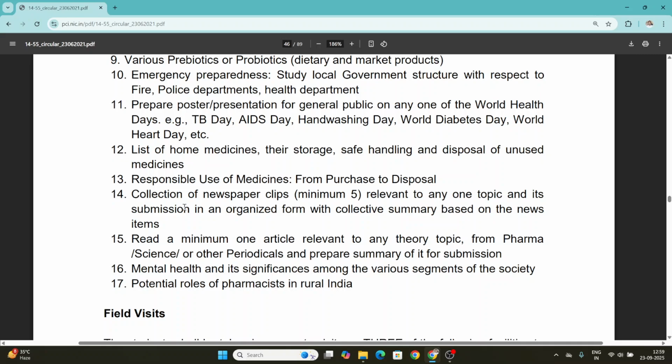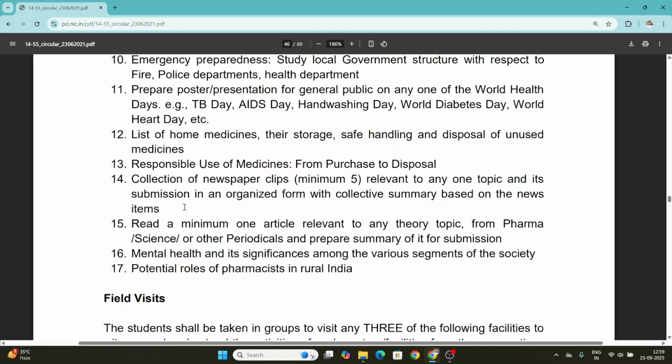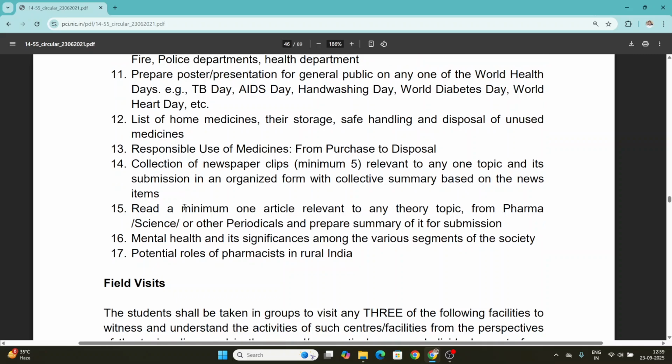Responsible use of medicines from purchase to disposal. Collection of newspaper clips, minimum 5 relevant to any one topic, and its submission in an organized form with a collective summary based on the news items.